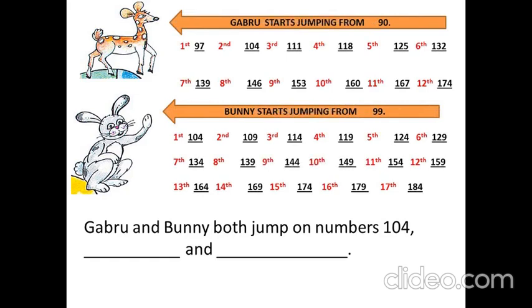Gabru jumps on 97, 104, 111, 118, 125, 132, 139, 146, 153, 160, 167, 174, and on. Bunny the rabbit jumps on 104, 109, 114, 119, 124, 129, and so on.